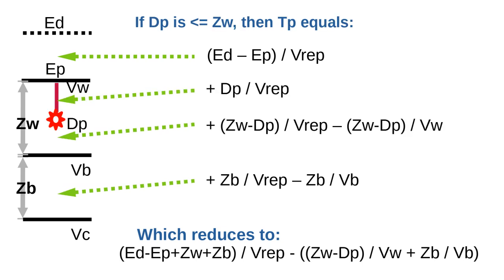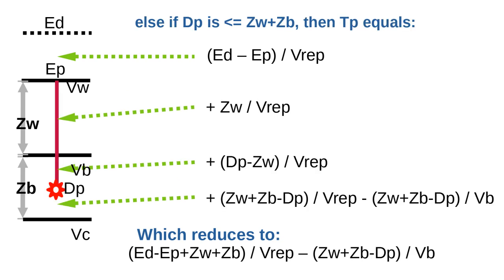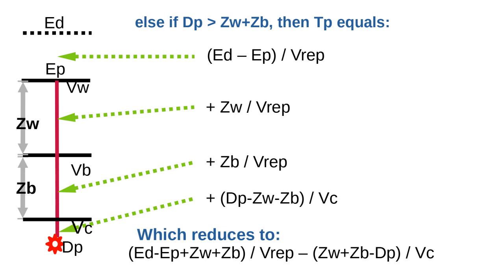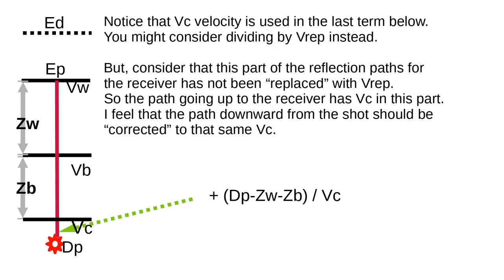If the depth of the shot is less than the top layer thickness, then the static equals the computation seen here, which reduces to the equation at the bottom. If the shot is actually within the second layer, then the static is equal to this computation, which reduces to the equation seen at the bottom. If the shot is below both layers, then the static becomes equal to the computation seen here, which reduces to the computation at the bottom.